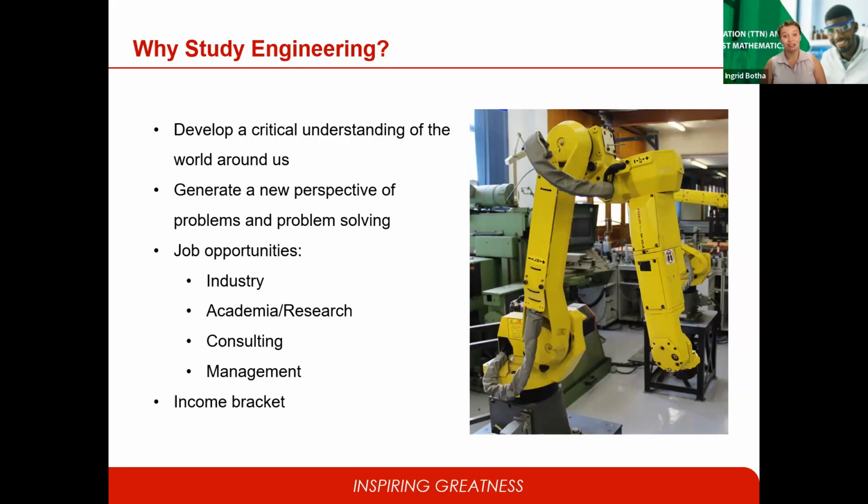So the reason why I went into academia was it allows you to work on a lot more diverse problems than industry. So in industry, of course, you're going to be limited to the products that you are busy developing. However, in academia and research, you can have a lot of control over the research that you are doing. And this is lots of fun because it means that every day you've got different problems to consider.